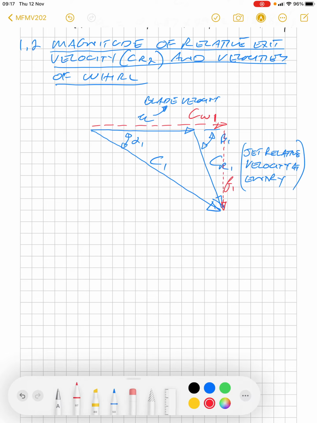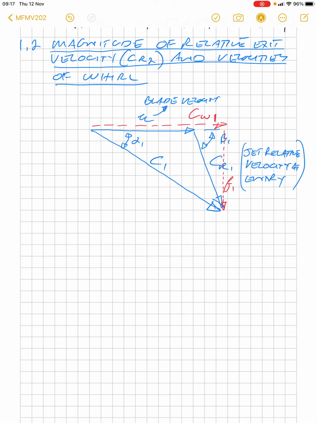Let's have a look at the exit velocities. I'll draw those in green. So we have CR2, which is the jet relative velocity at exit.